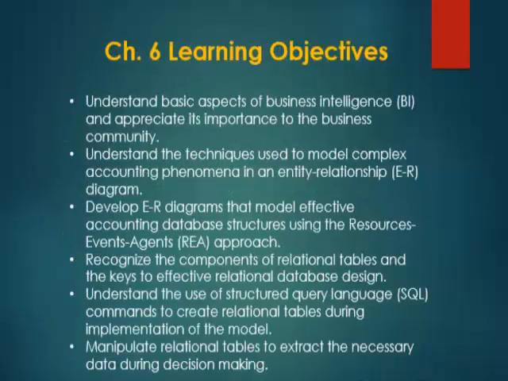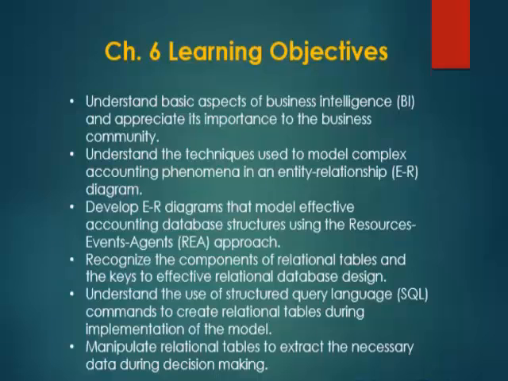Here are the Chapter 6 learning objectives. Understand basic aspects of business intelligence and appreciate its importance to the business community. Understand the techniques used to model complex accounting phenomena in an entity relationship diagram. Develop ER diagrams that model effective accounting database structures using the resources, events, agents approach.